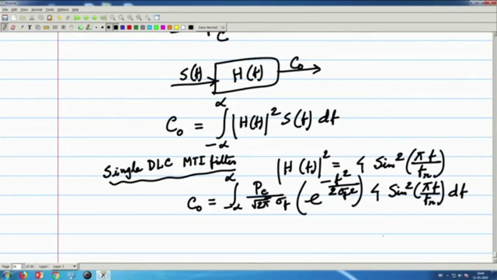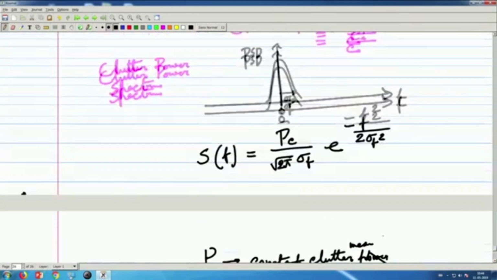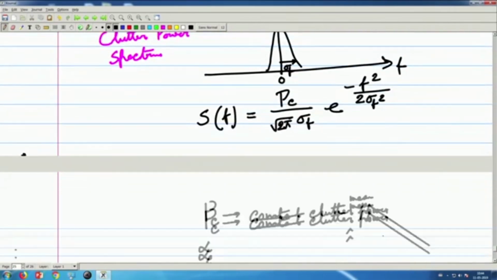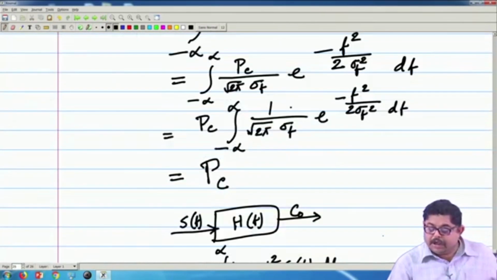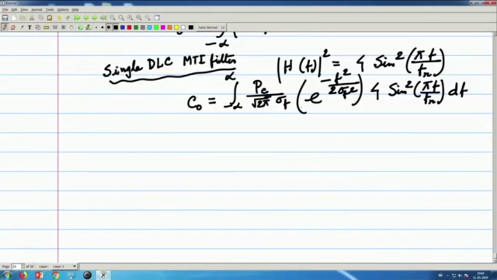Now, as we have seen, if you look at the spectrum, this spread is very small. So, I can utilize that, and we can say that the clutter spectrum is significant only at small f.